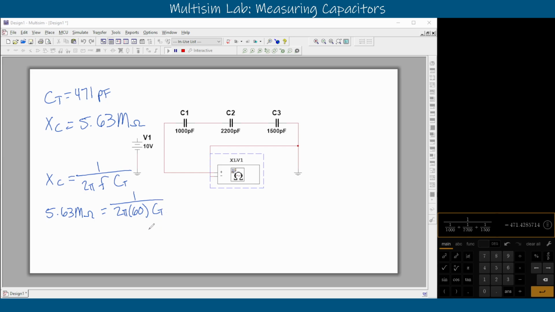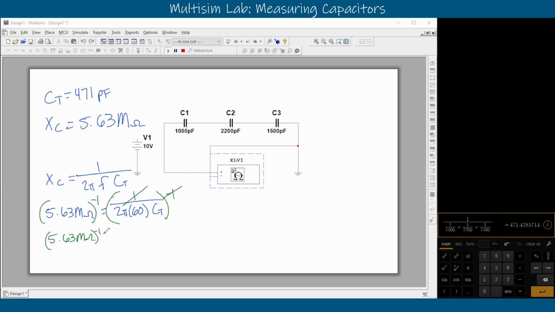Okay. So the first thing that I would do with this one is get rid of that 1 over, because that's not very nice to work with. And so to get rid of this top here, we can actually take the inverse of both sides, right? So if we raise this whole thing to the -1 and this whole thing to the -1, then that'll get rid of this and that -1 from this side, and we'll just have to evaluate it on the other side, right? And so then we can rewrite this and move on with our reduction here, because now we have 5.63 mega ohms to the -1.